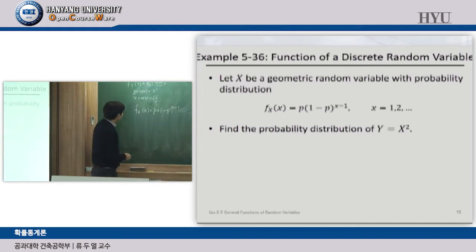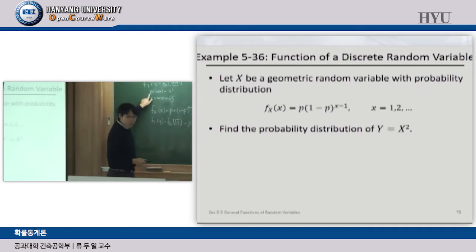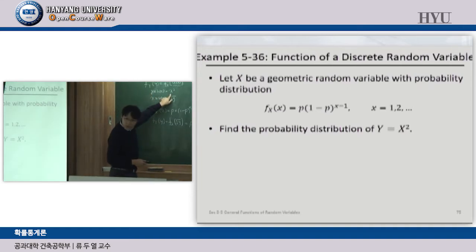Right? So, the probability mass function of y is equal to the probability mass function of x when x is equal to root y. So, that is equal to p times (1 minus p) to the root y minus 1 power. When x is equal to 1, y is also equal to 1. When x is equal to 2, y is equal to 4.